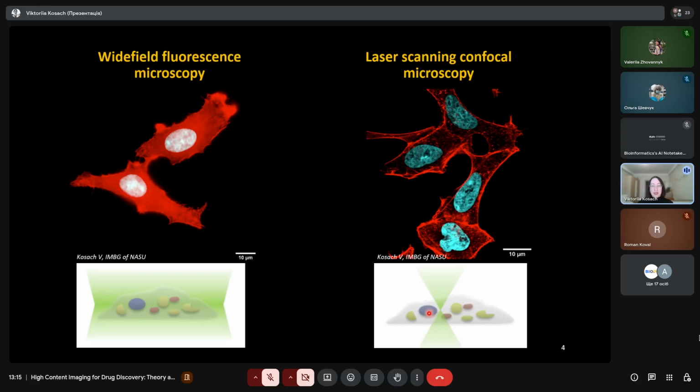And confocal microscopes, laser scanning confocal microscopes, just scan your sample using this pinhole point by point in a focal plane. In automated imagers, to make it a bit faster, they made a pinhole not like a point, but rather like a line. So it's scanning your sample line by line in one focal plane. So such image acquisition is faster in comparison to research microscopes.